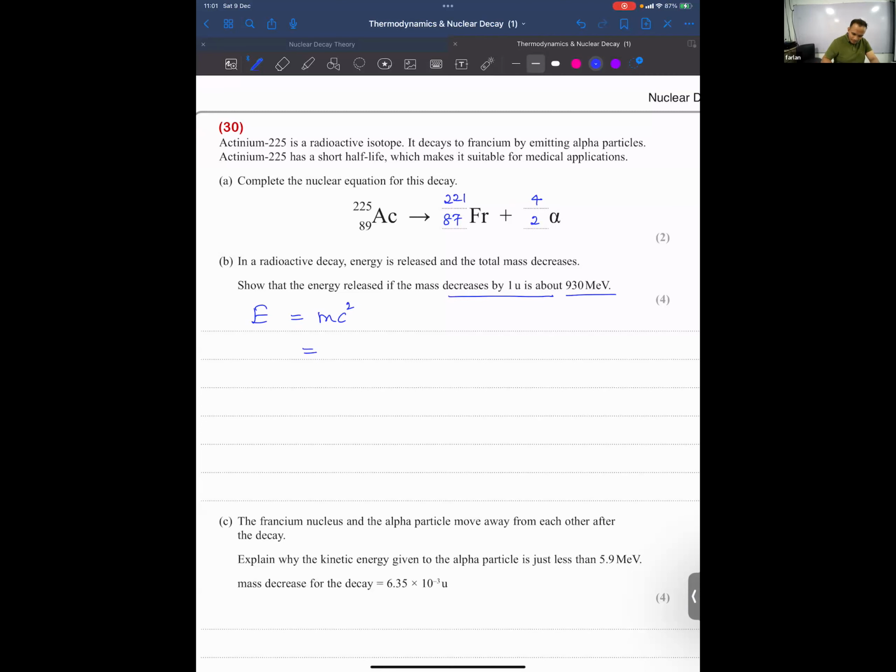M is 1 into 1.66 into 10 to the power minus 27, into 3 into 10 to the power 8, that squared. That gives you the answer in joules, but we want it in mega electron volts. So divided by 1.6 into 10 to the power minus 19 to get it in electron volts, and again divided by 10 to the power 6 to get it in mega electron volts.